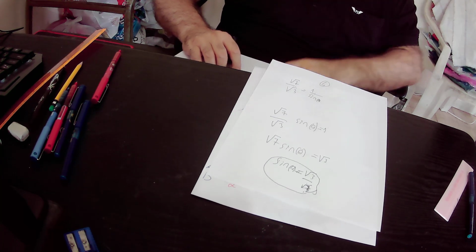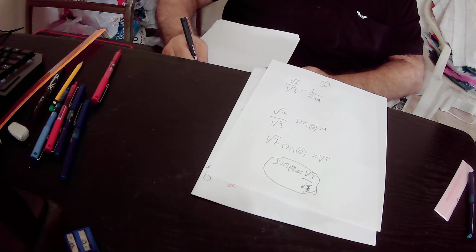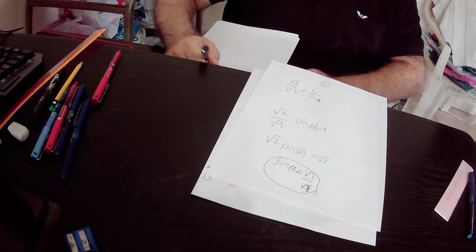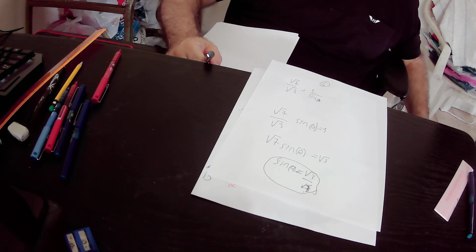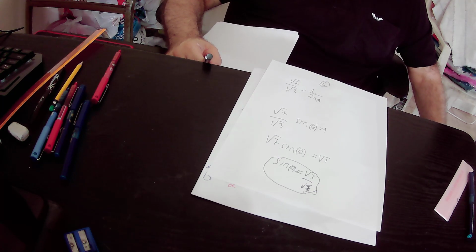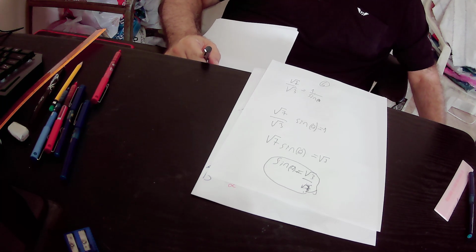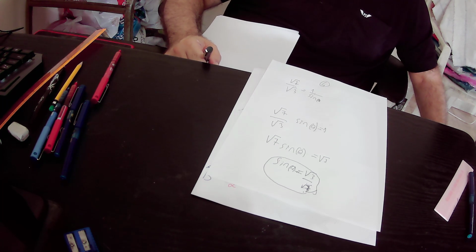In the next step, we will find out the value of cosinus theta, and we will use the first trigonometric identity in order to find out the value of cosinus theta.